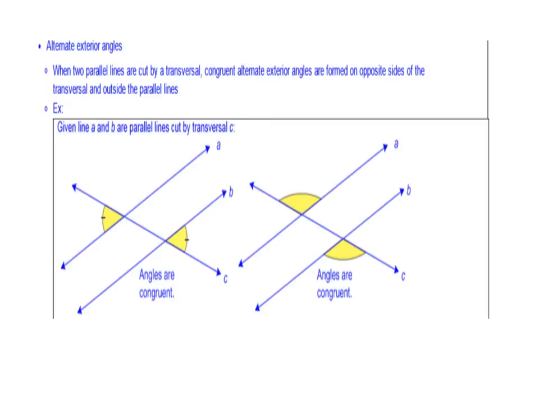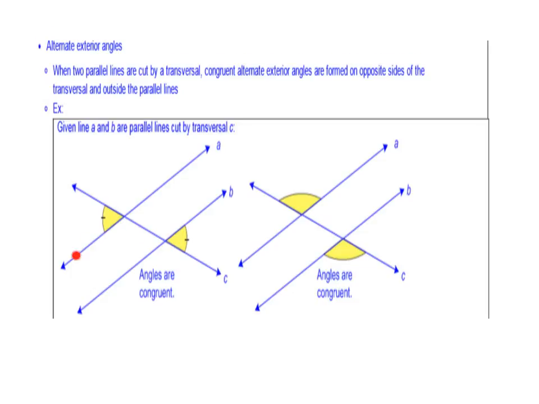So we have alternate exterior angles. Now, exterior, it's just as plain as reading. You don't want to make anything really complicated out of it. The reading speaks for itself. When two parallel lines are cut by a transversal, alternate exterior angles are congruent, the same size.